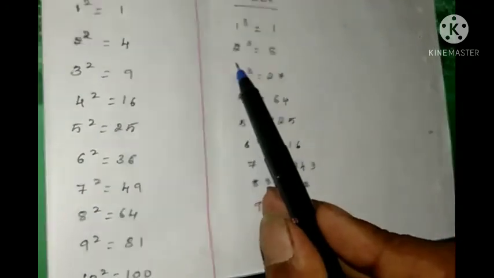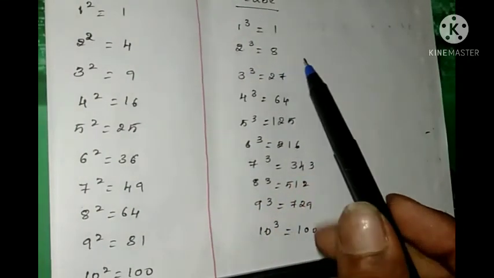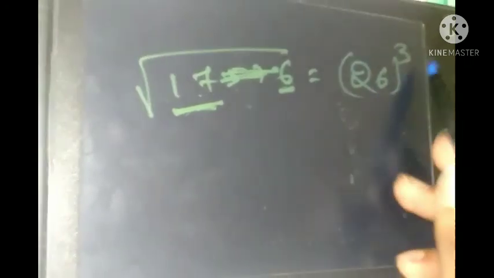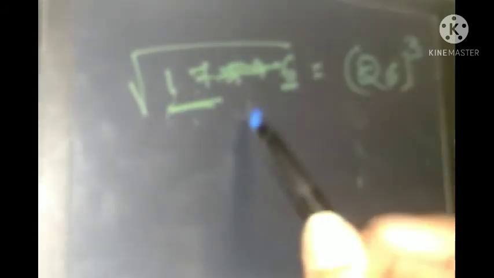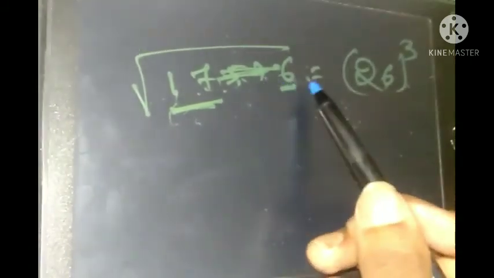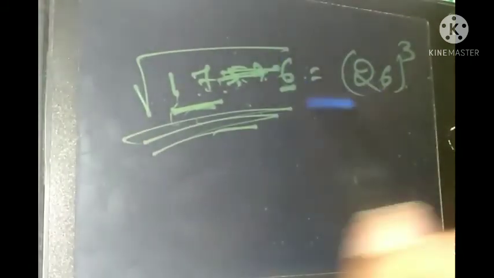That is not possible. 2 cubed is 8. 8 is less than 17. Okay, it is possible. That means 2, so 26 whole cubed is 17576. This is the value of this.